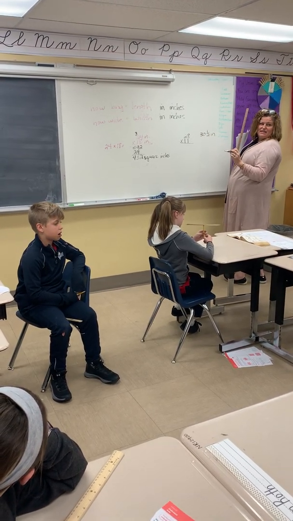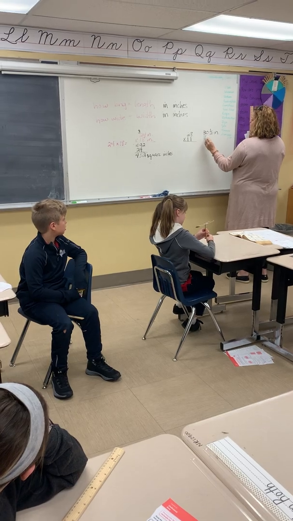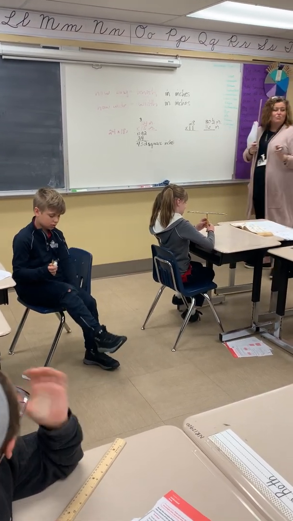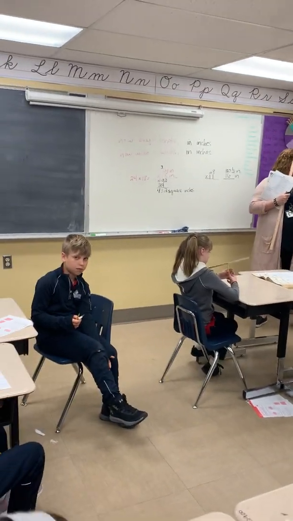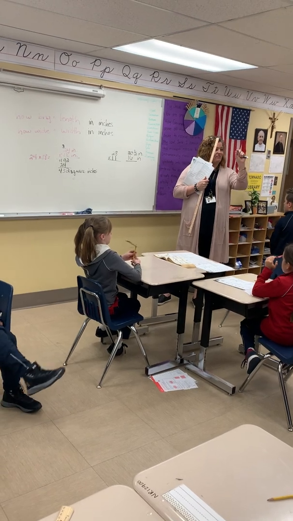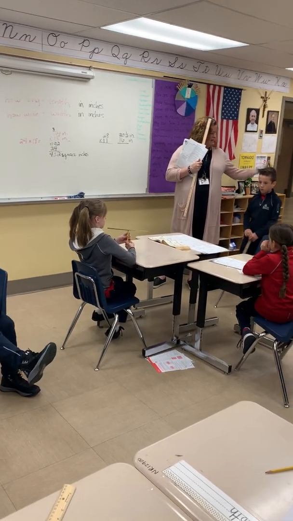What was your width? 16 inches. Okay? So in order to find how many 1-inch squares would cover that, we would multiply. Or we could draw it out and then count each little block, okay?